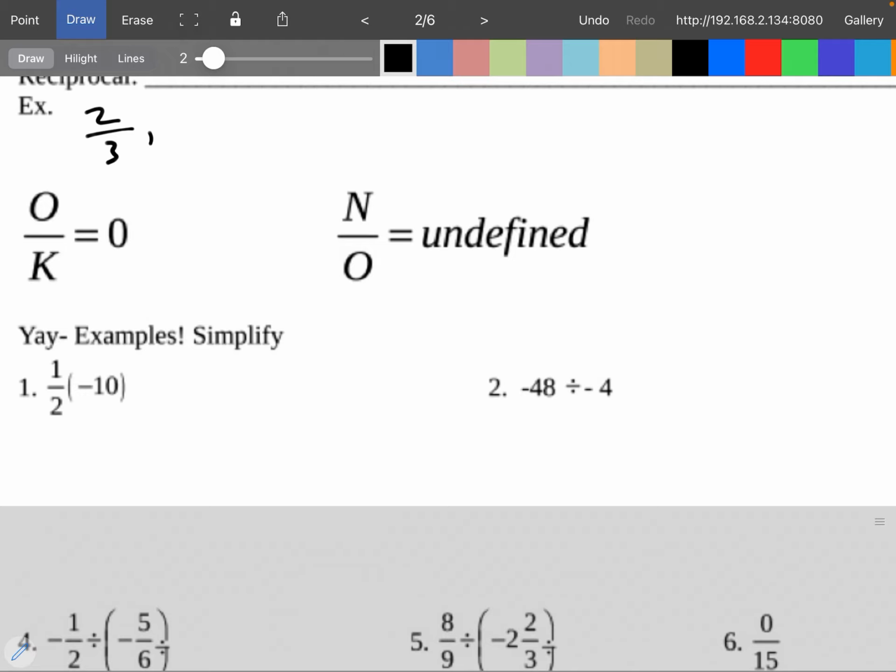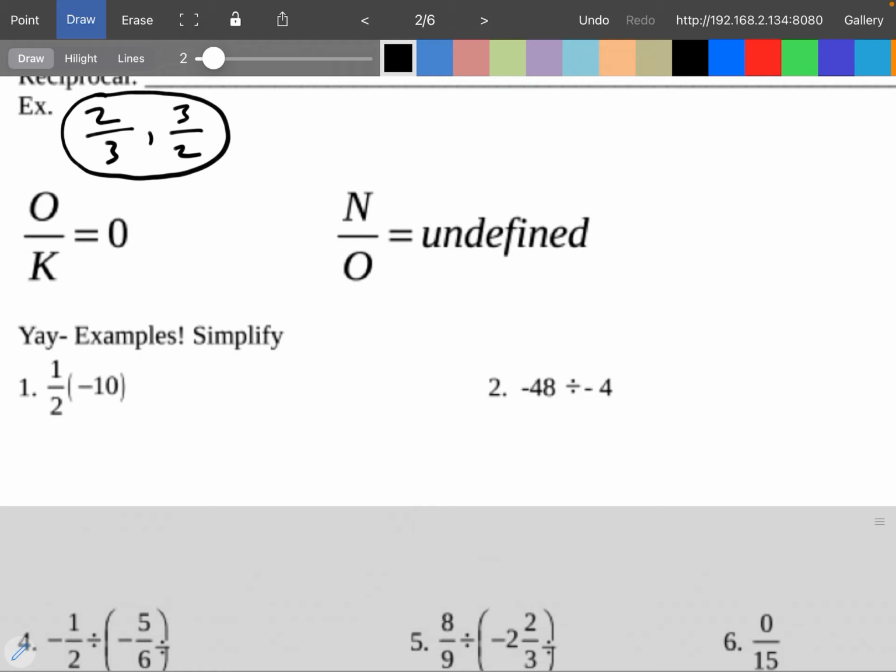You just flip it over. So what would it be? Yeah, so it'd just be 3/2. So reciprocal, you just take the fraction and flip it over. So the reciprocal of 2/3 would be 3/2. So that would look like that.